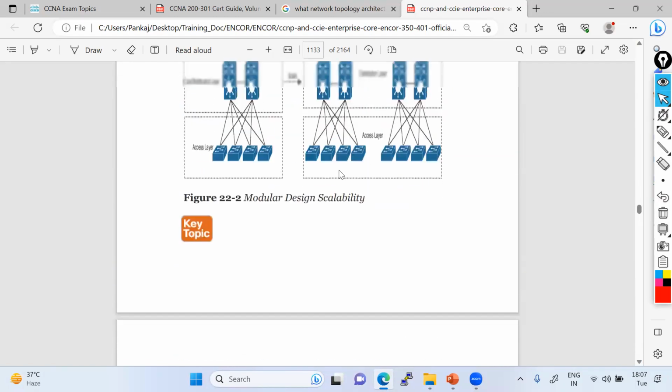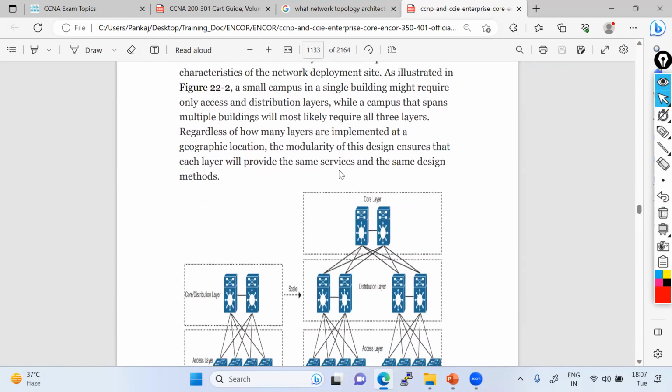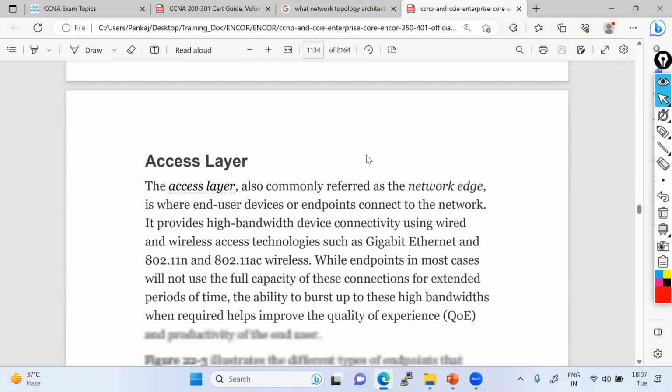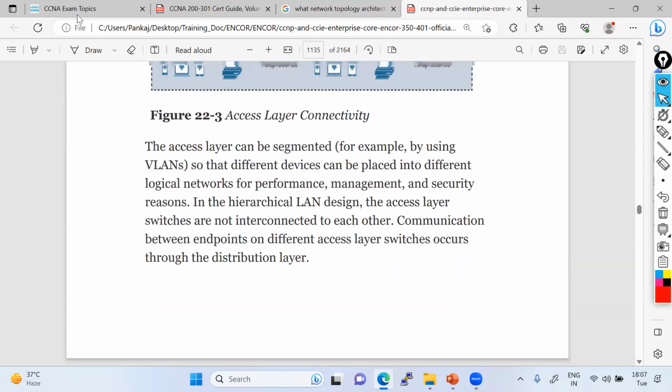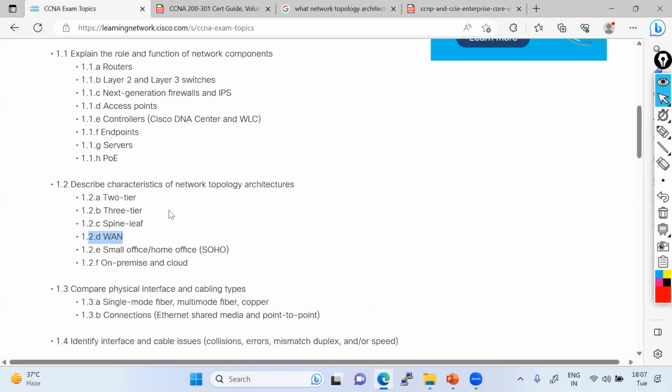Some small, some big, but we cannot run away from diagrams. These are the network topology diagrams. There is a term, two tier and three tier architecture. What is a two tier architecture, what is a three tier architecture, and what do they represent? Whenever I talk about two tier, three tier or spine and leaf, first focus on these two, two tier and three tier.